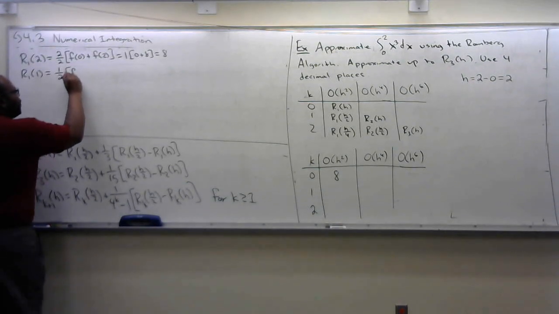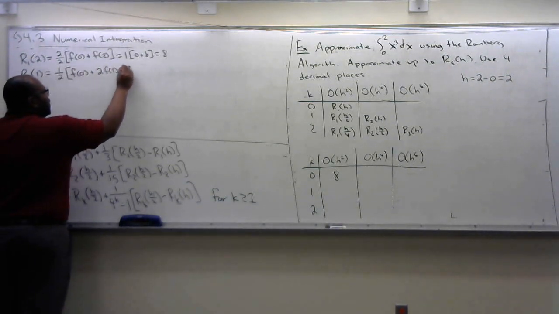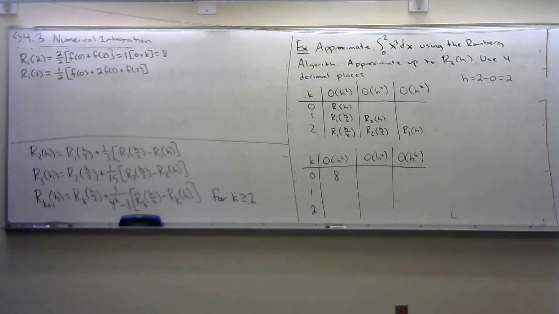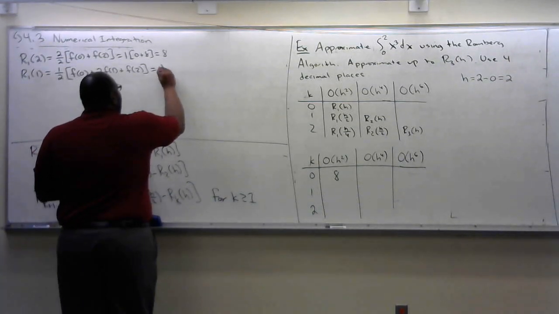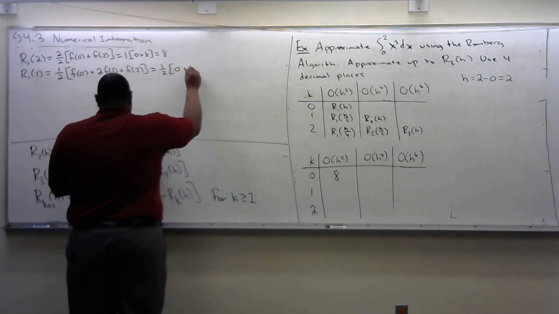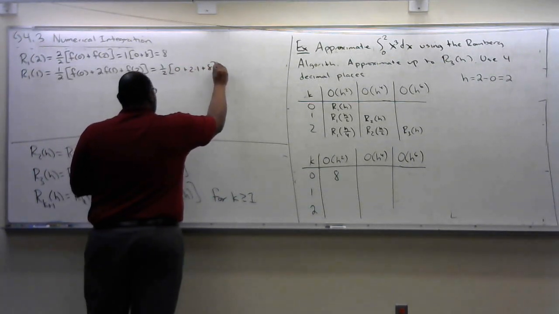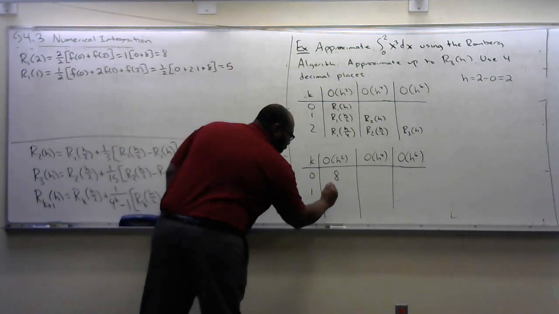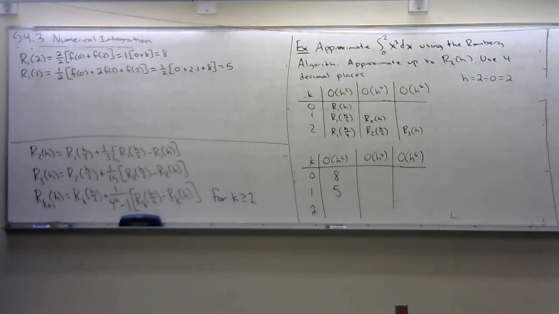This becomes f of 0 plus 2f of 1 plus f of 2. Let's compute the trapezoid rule. So I get 1/2 times 0 plus 2 times 1 plus 8. And that gives me 5. And that goes right here.